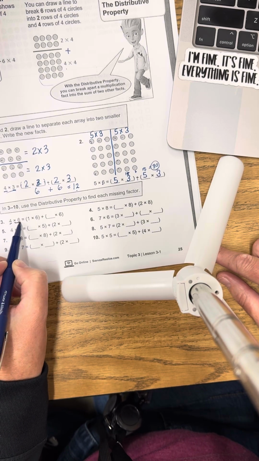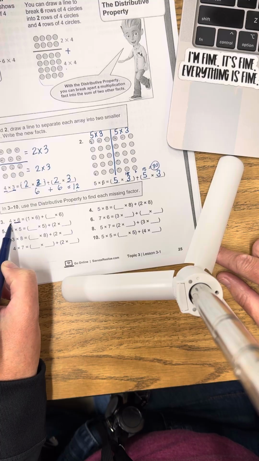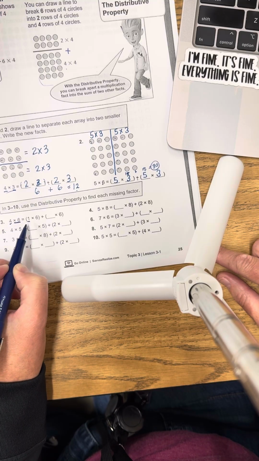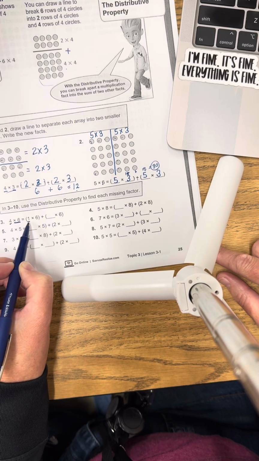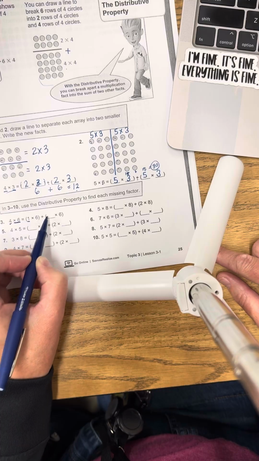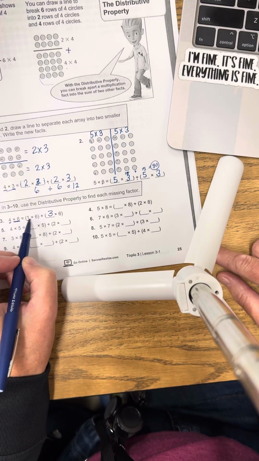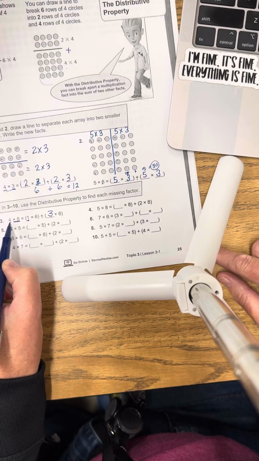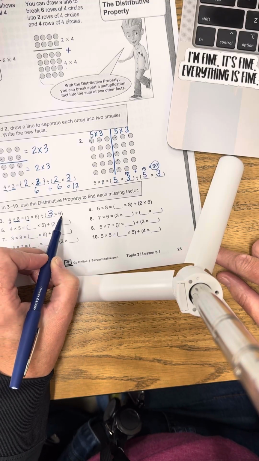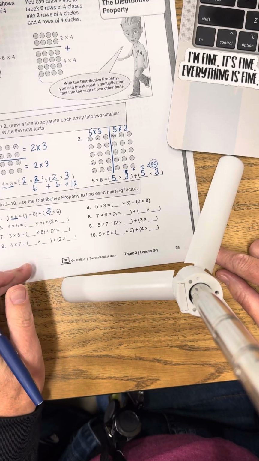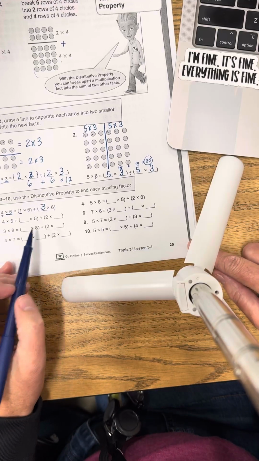Well, I notice the times 6 stayed the same, but 4 broke into 1 row instead of 4 rows. So that means that I would have 3 rows in an array left. So I know that this one is going to be 3. 1 plus 3 equals 4. The times 6 stayed the same in both new expressions.